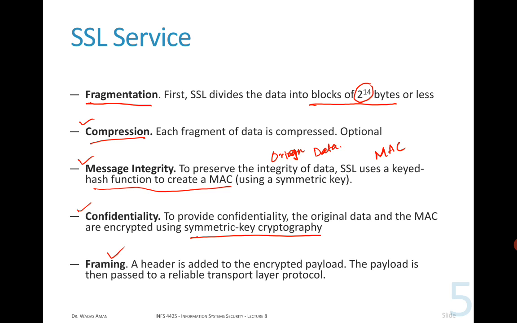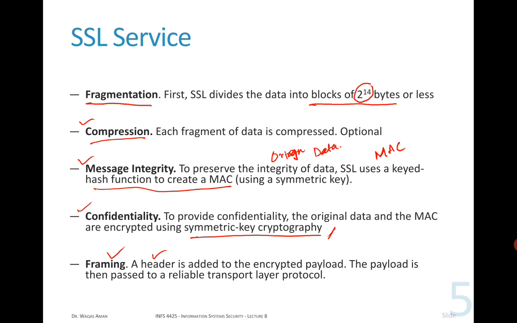So when the packet is properly protected by SSL, at the end it has to transmit it, not keep it in its pocket. So for transmission, it makes use of the framing concept, a mechanism that helps us properly wrap up the packet and send it across. So a new header is created for the encrypted payload.